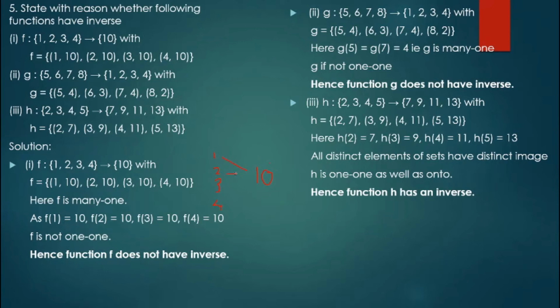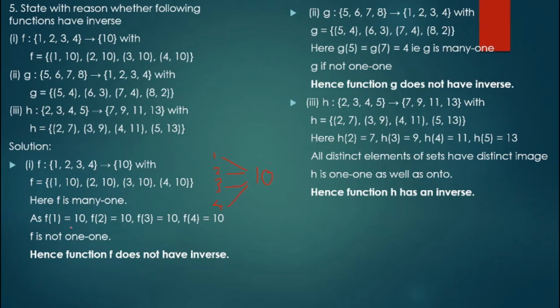See, this is our domain, and all are getting mapped with 10. This is clear, I guess, everyone. So here f is many-one.